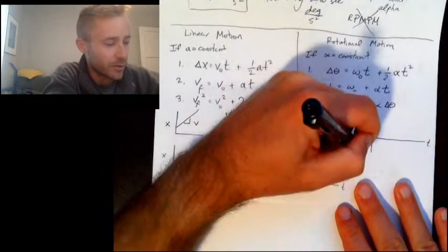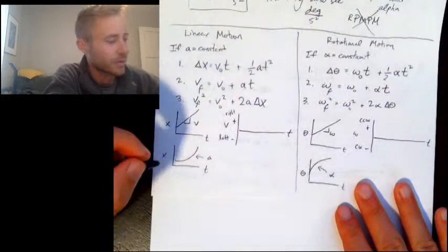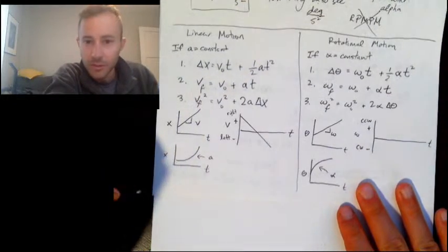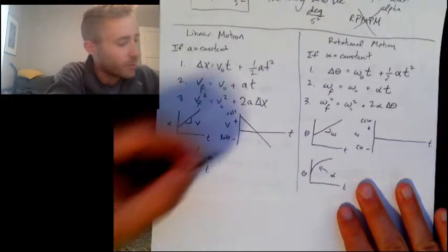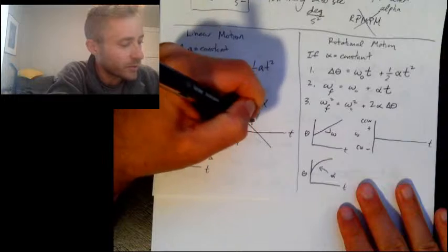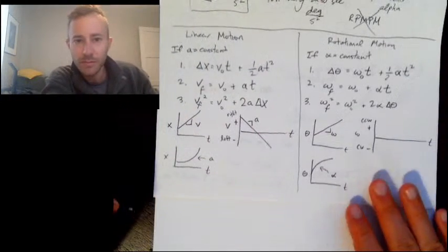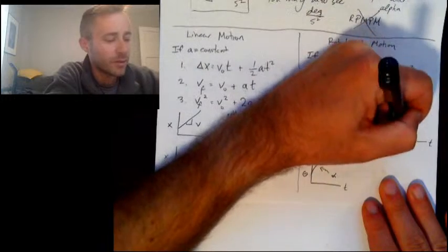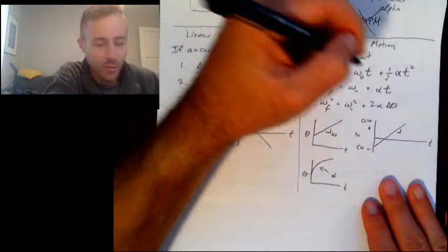Negative angular velocities means it's spinning clockwise. The slope of the linear velocity versus time graph was interpreted as linear acceleration. The slope of an angular velocity versus time graph is interpreted as angular acceleration.